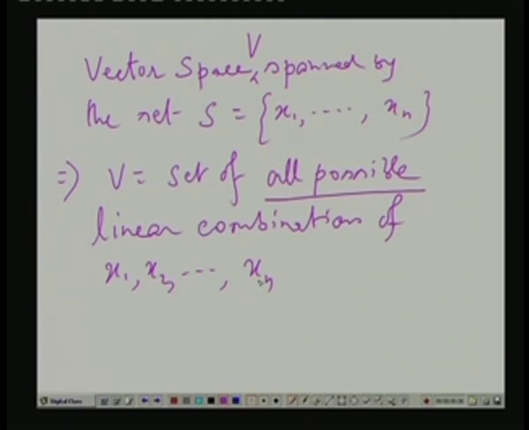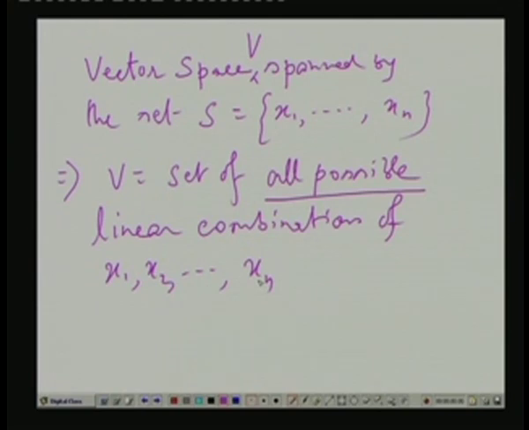Any typical linear combination is C1 x1 plus C2 x2 plus dot dot dot Cn xn. Now you have infinite choice for C1, infinite choice for C2, dot dot dot, infinite choice for Cn. So basically you can look for infinite ways of linearly combining them, but if you collect all such infinite varieties of linear combinations to form a set, that is called a vector space V.